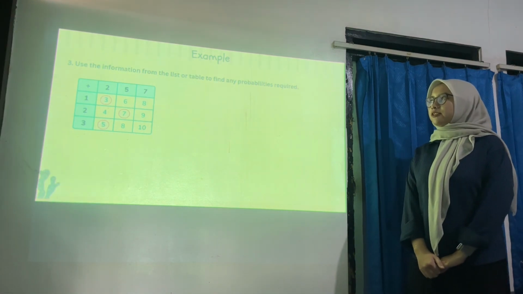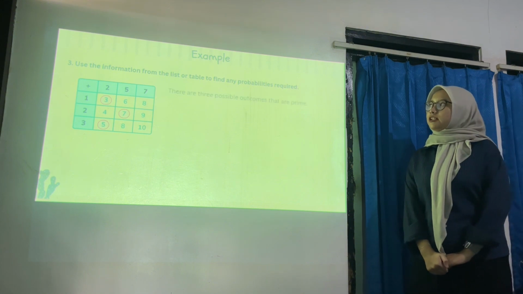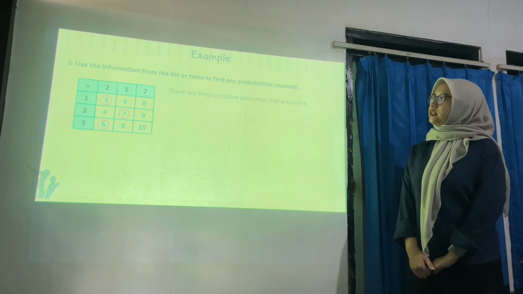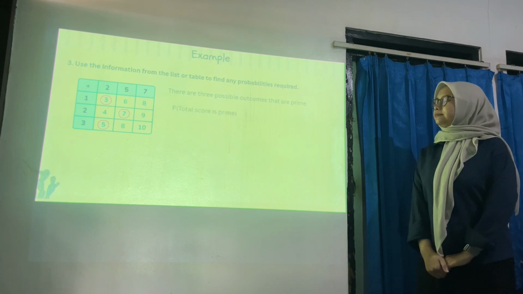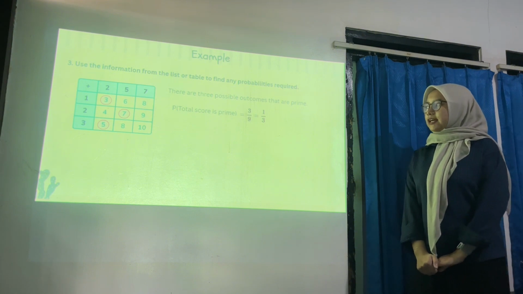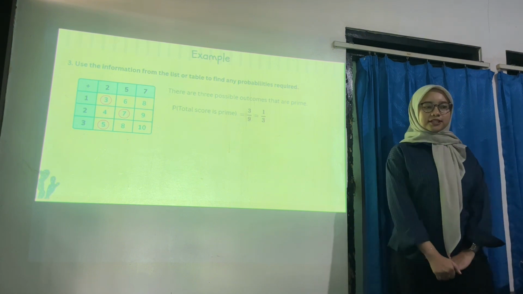Use the information from the list or table to find any probabilities required. There are 3 possible outcomes that are prime. Probability that the total score is prime equals 3 over 9 equals 1 over 3.